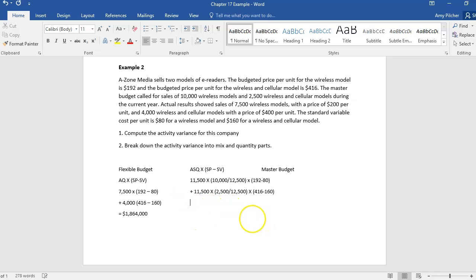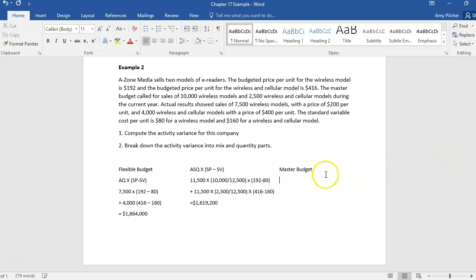That tells us that at our budgeted sales mix percentages and our budgeted contribution margin versus our actual sales quantity, that amount is $1,619,200.